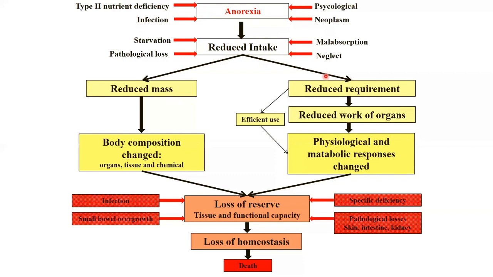In general, when you are deficient, in terms of starvation processes, there is reduced mass or body composition of fat, and eventually the body ends up consuming itself in terms of whatever reserve may be present, with effects also on homeostasis, and eventually complications, whether infection or overgrowth in terms of redundant muscles.